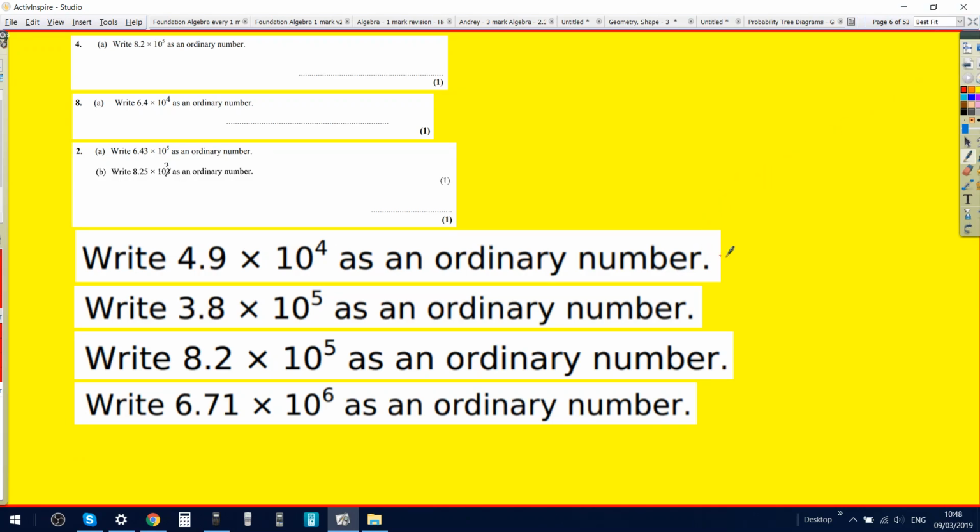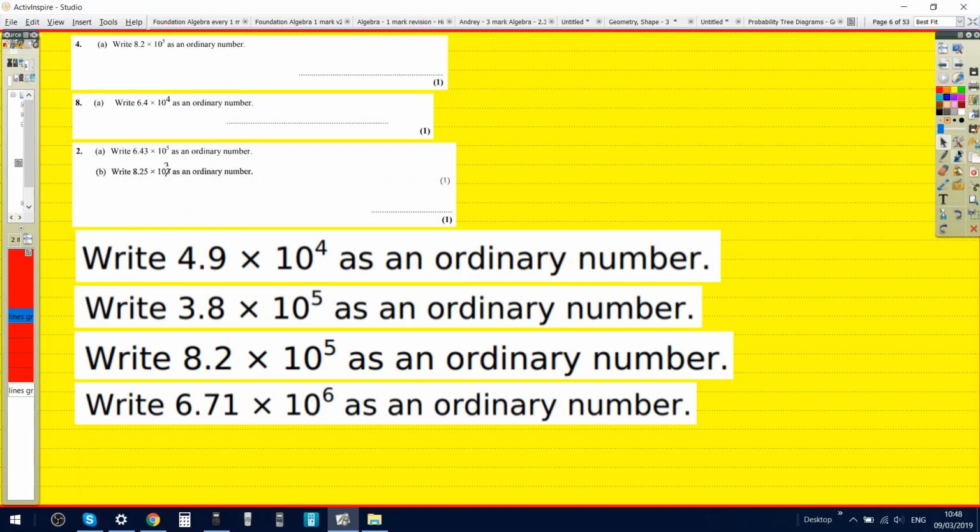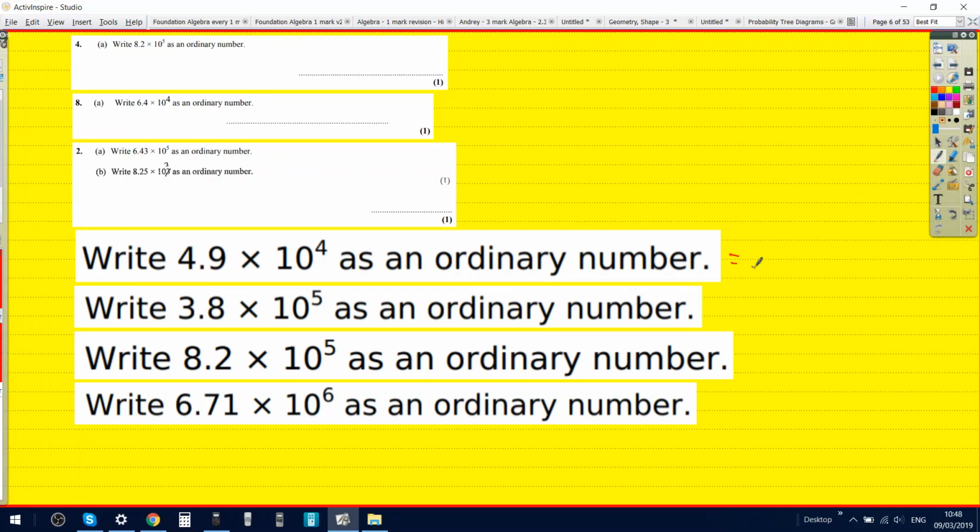Okay, let's try this one down here as an ordinary number, the big one. Which one? 4.9. So would that be 4,100? No, sorry, 49,000. 3 zeros. This one? 3.8.